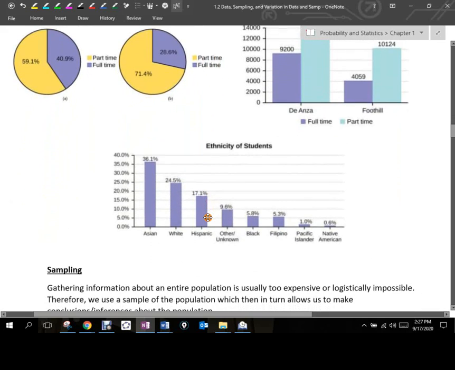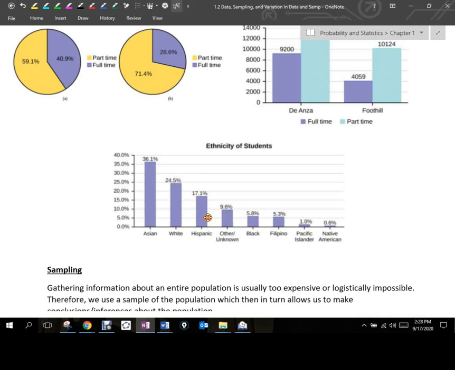I don't know if you guys have ever heard of a Pareto chart. A Pareto chart is simply a bar graph again, but it orders the categories from largest to smallest. So it allows the observer to quickly compare things with just a quick glance at the graph.